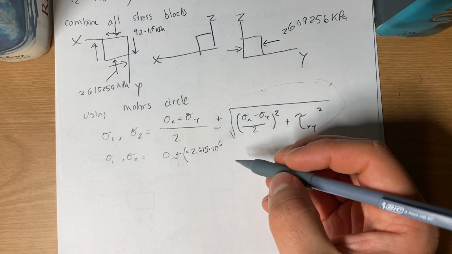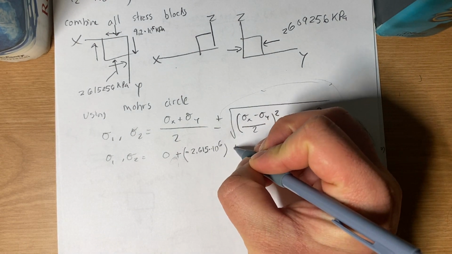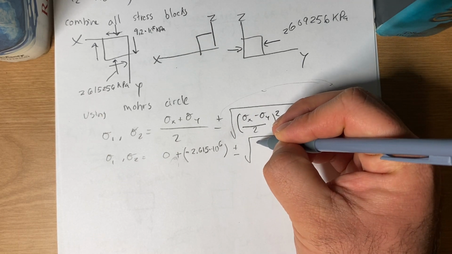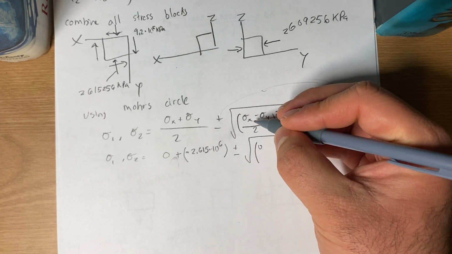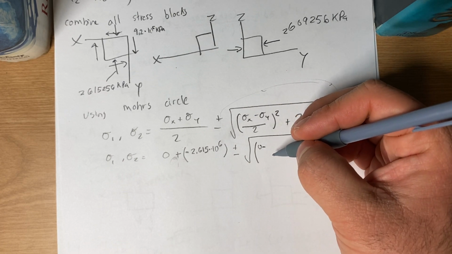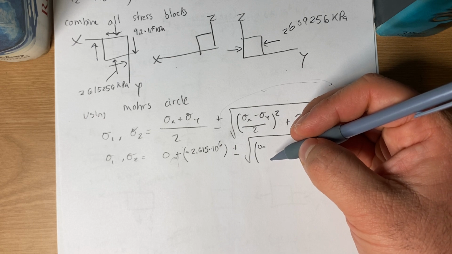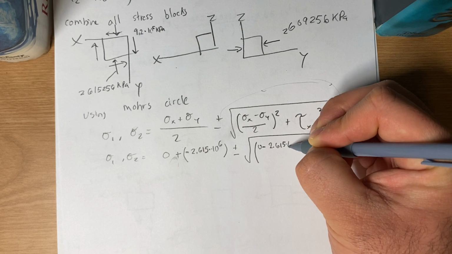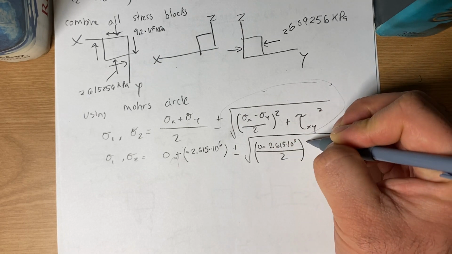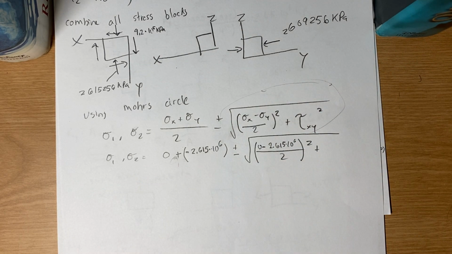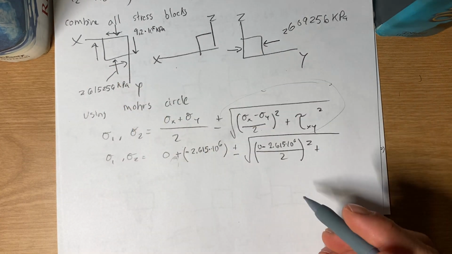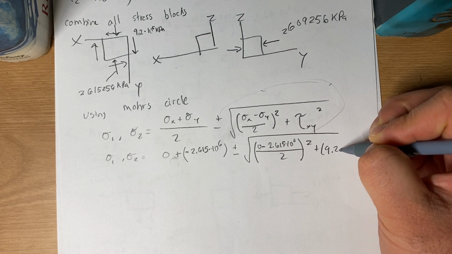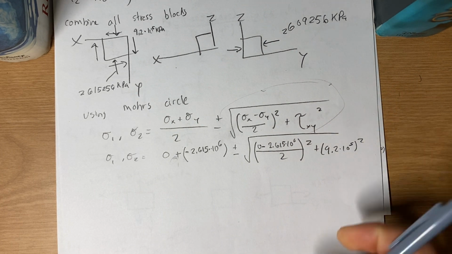So that plus or minus the square root, and then I have my 0, which is my x value, minus 2.615 times 10 to the 6, over 2, squared, plus my tau, which is my transverse shear, 9.2 times 10 to the 5, squared.